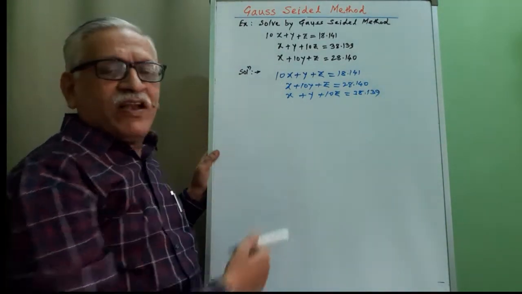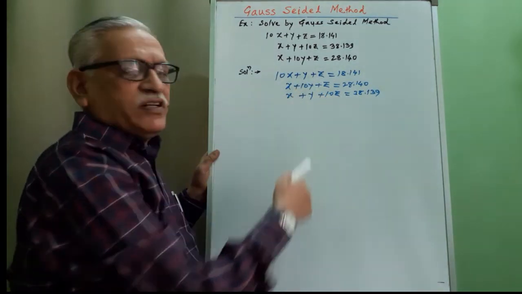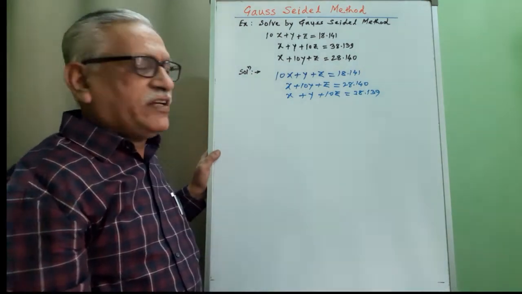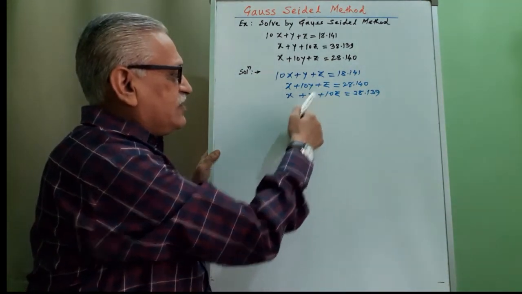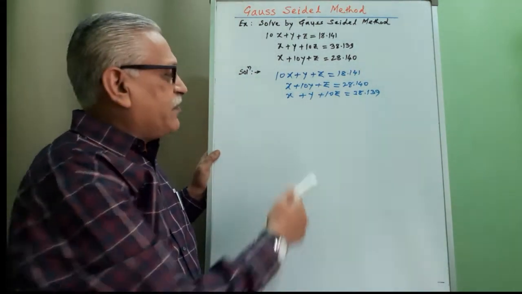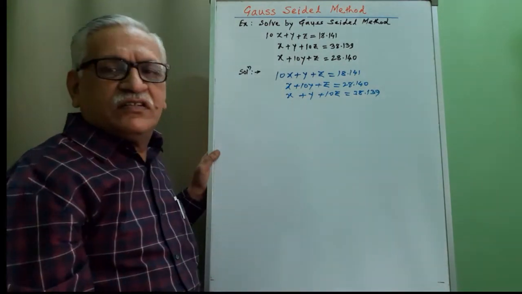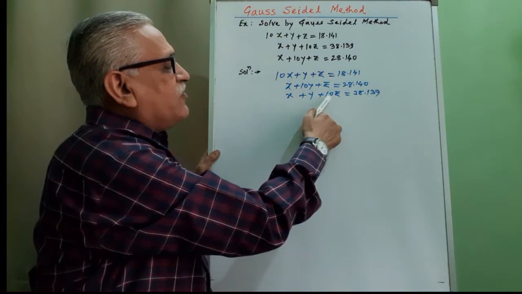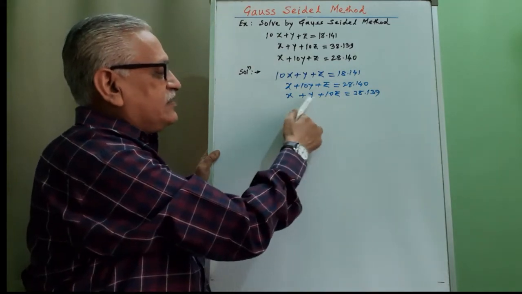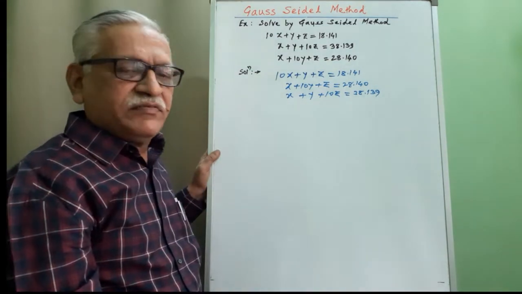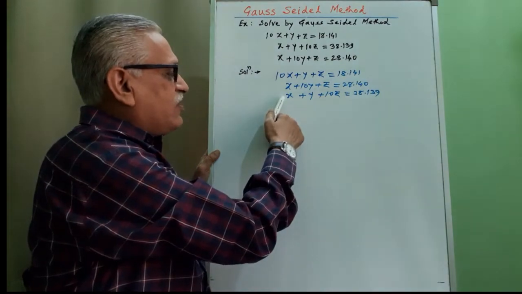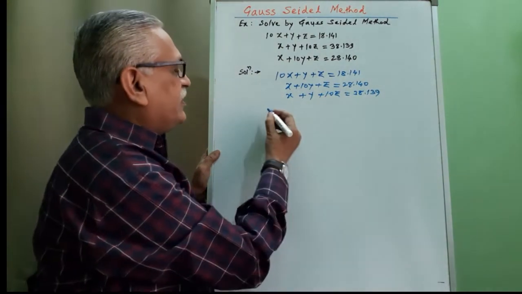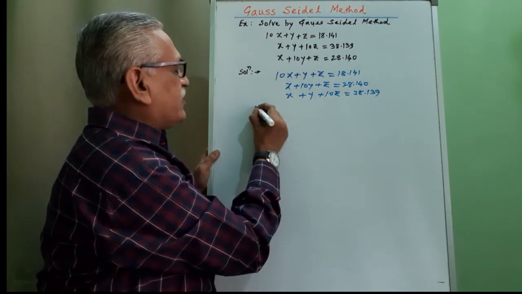Here the absolute value of 10 is greater than 1 plus 1, that is 2. In the second, the absolute value of 10 is greater than the sum of the absolute values of the remaining, 1 plus 1, 2. And here the absolute value of 10 is greater than 1 plus 1, that is 10 is greater than 2. Here the condition of convergence is satisfied.